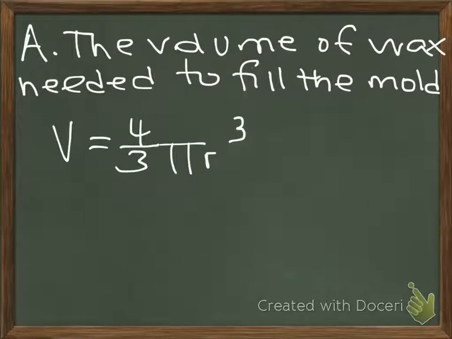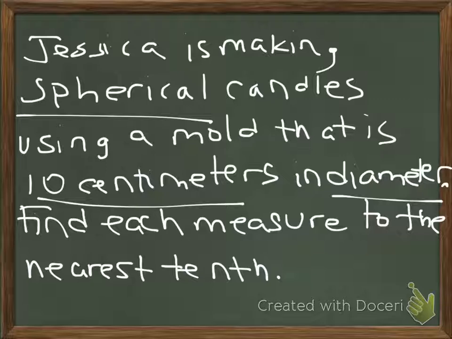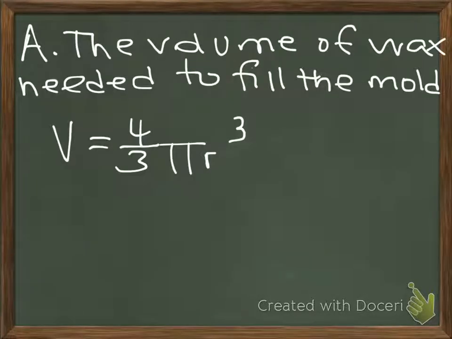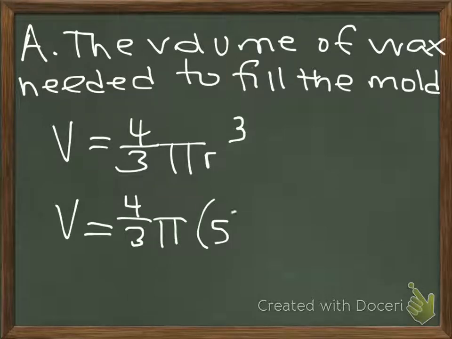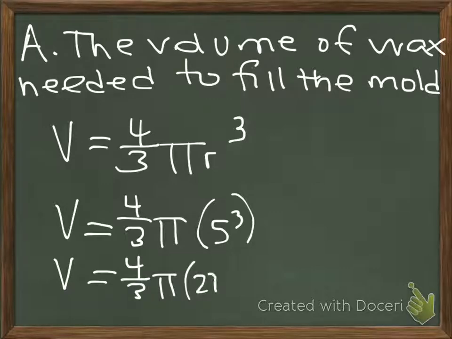Now, we don't know r, but we know diameter, and radius is half of the diameter. So if the diameter, if we go back, is 10 centimeters, we're going to plug in r as 5. So 5 cubed. We do order of operations, which is exponents first. That gives us 275. And that we're going to multiply by pi.